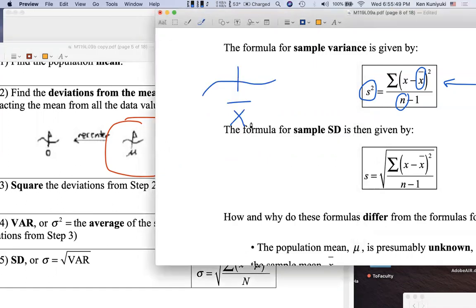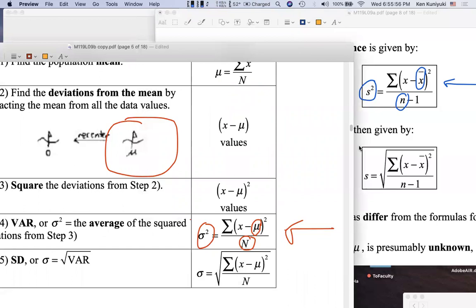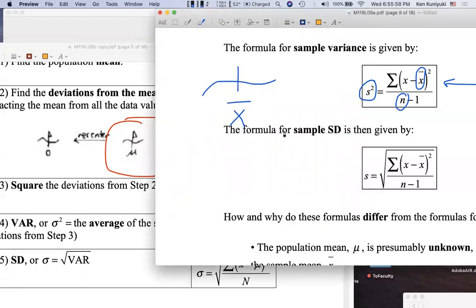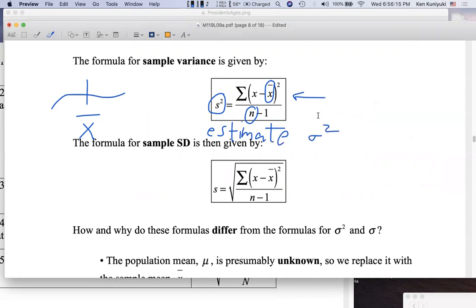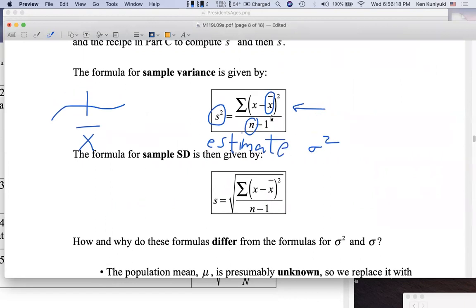There's some variability that's thrown in. The fact that we're using the sample mean, x bar, as opposed to the population mean, mu, throws in a wrench, that throws in some more variability, which means that in order to better accomplish the goal of estimating sigma squared, and the goal of s squared is to estimate sigma squared, the population variance, we have to inflate the fraction a bit.